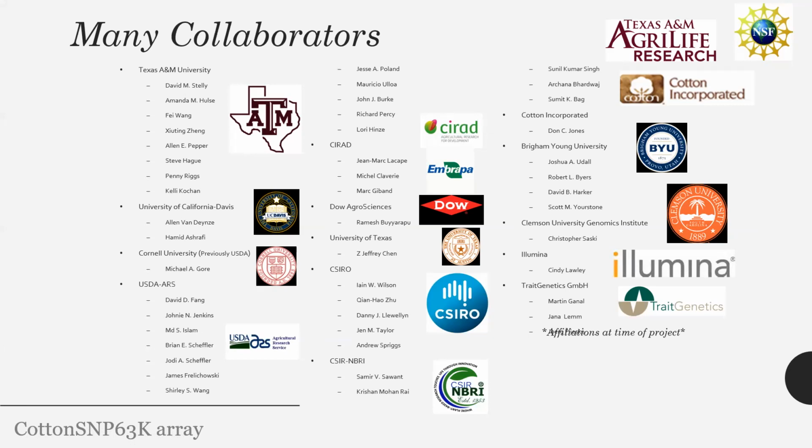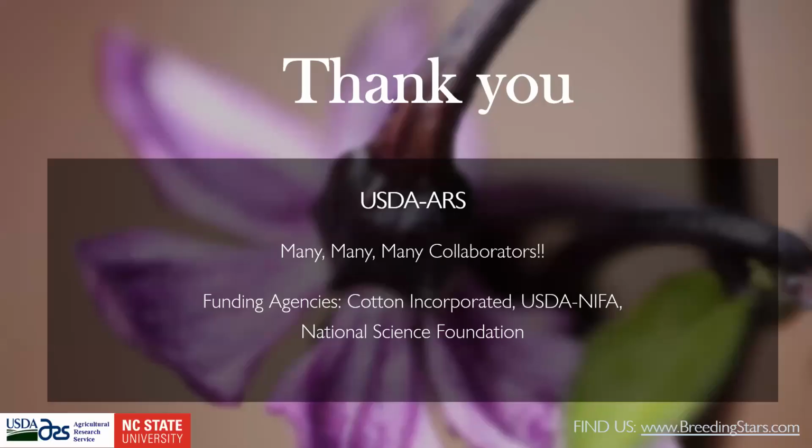So these are big efforts that lead to the ability and technology that can be used for moving forward for allowing things like genomic selection. And it's really essential for these collaborations in order to be able to move forward with these big ideas, such as moving towards genomic selection.